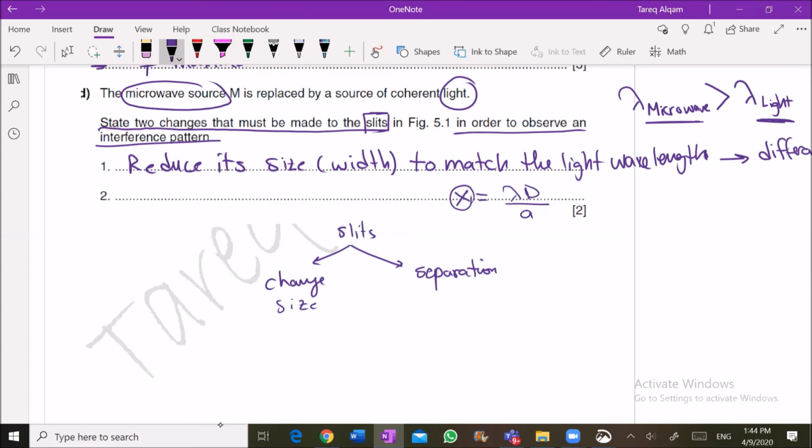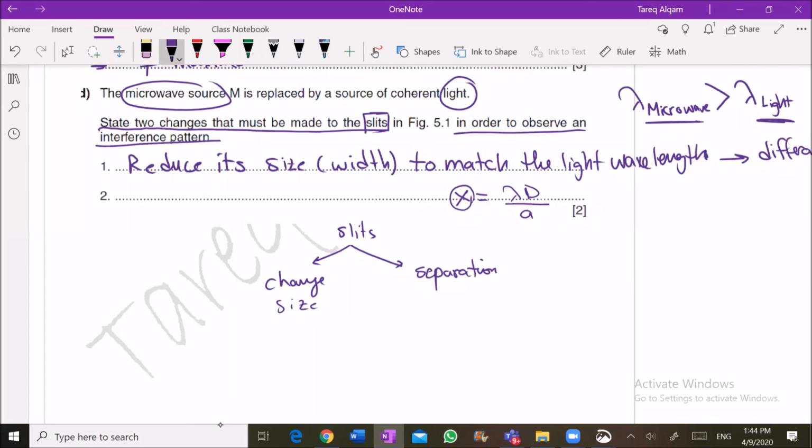Listen guys, please pay attention to this. If the fringes are very close to each other, they will be overlapped. So I will not observe any clear interference pattern. Right or not? If they are very close they will overlap, and I won't be able to tell the dark from the bright. So they must be clearly separated.